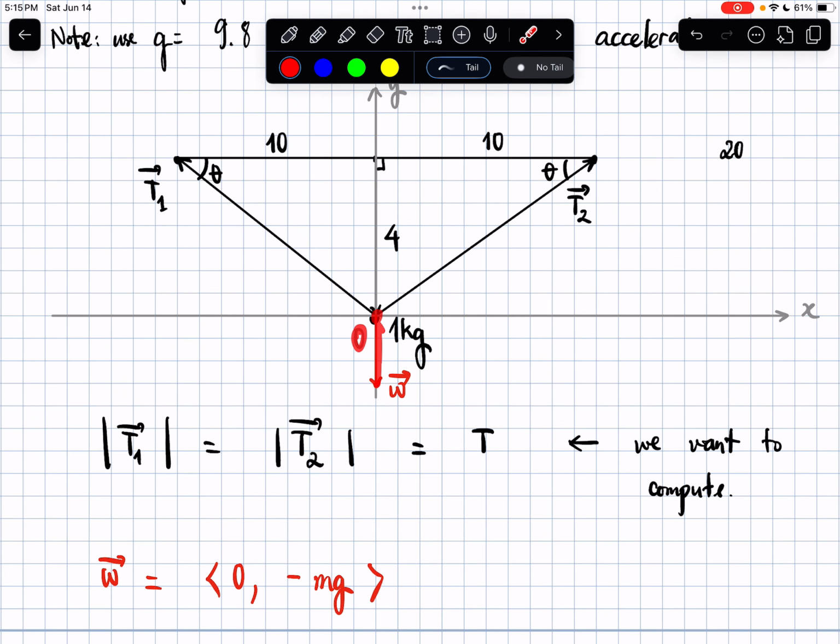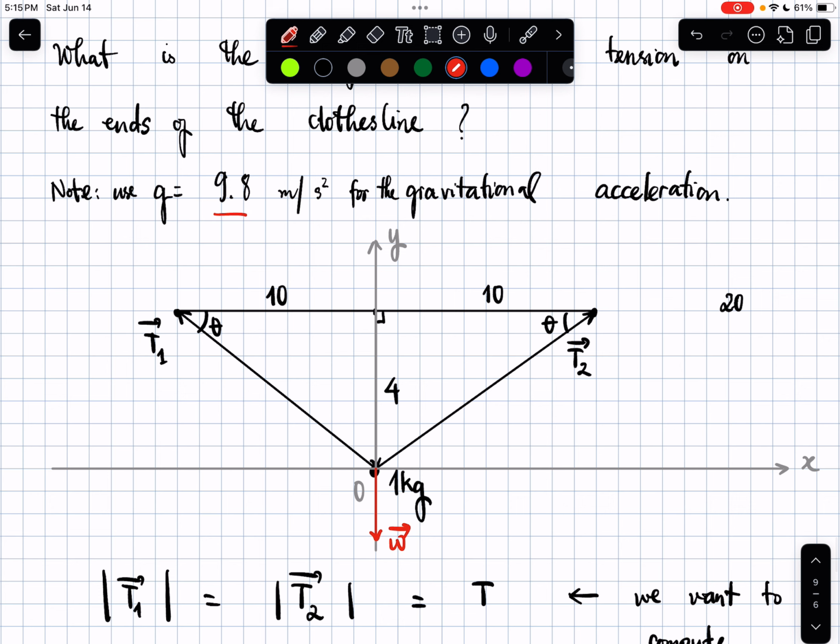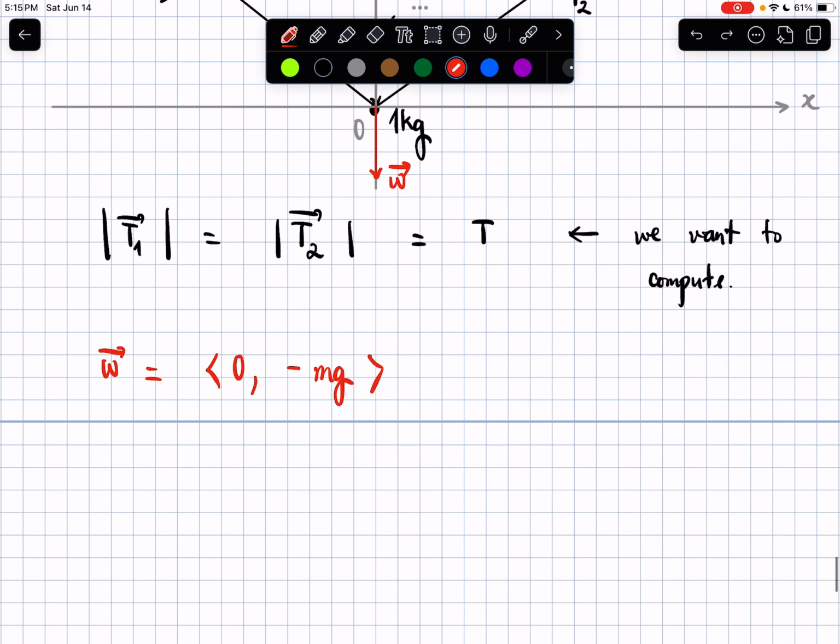G is 9.8, and m is the mass, so W is 0, minus 1 times 9.8, which is 0, minus 9.8.